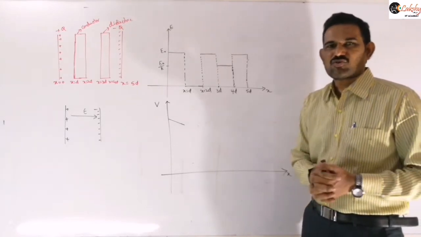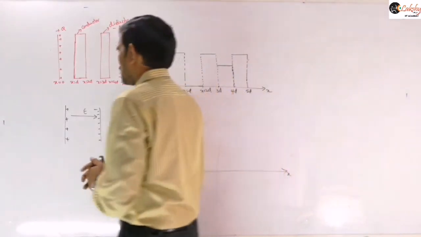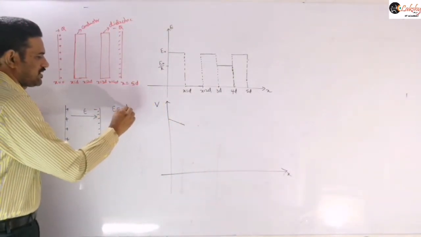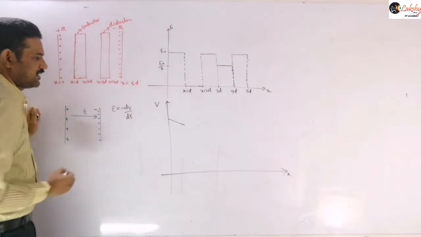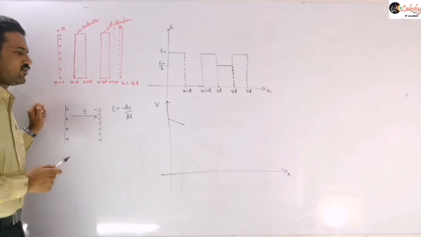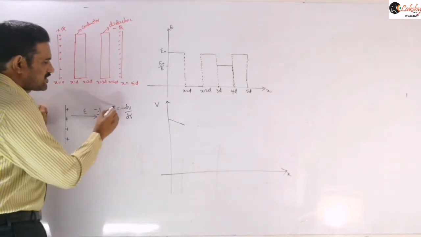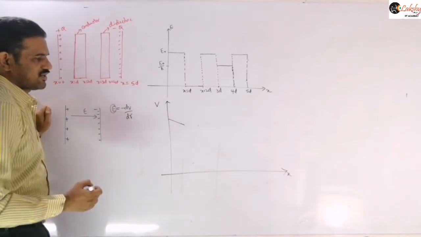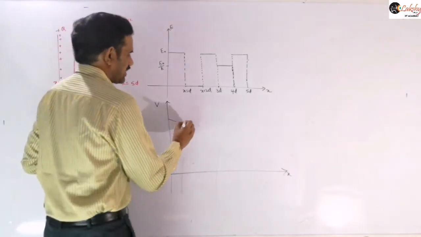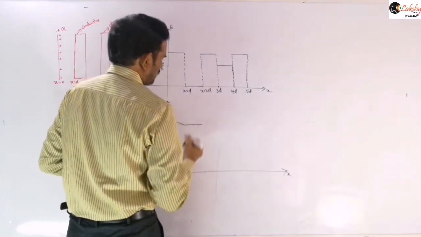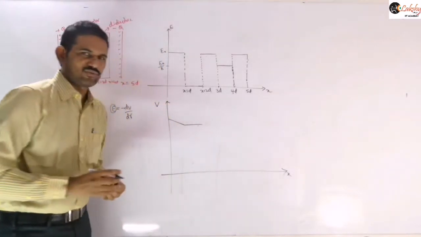That means the potential should be constant inside, because E is equal to minus dV by dr, the negative gradient of the potential. Now this value is 0, so V must be a constant value there. So from x equal to d to 2d, it is a constant value.